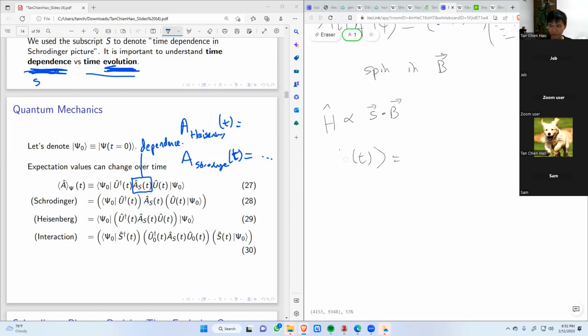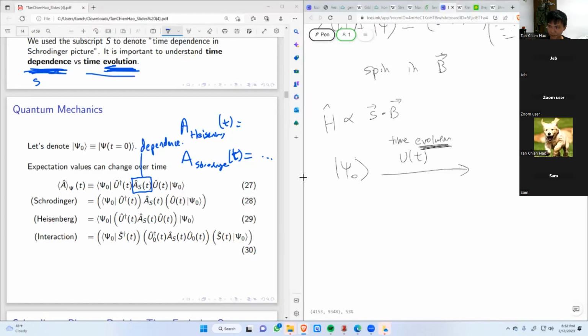If I have some state psi at some initial time t equals 0, how will this state evolve after some time t? It evolves according to the time evolution operator, which I'll denote U. We don't know the exact form of it at the moment, but we'll find out later. This is the time evolution operator.